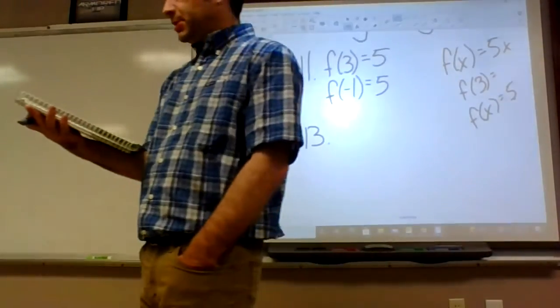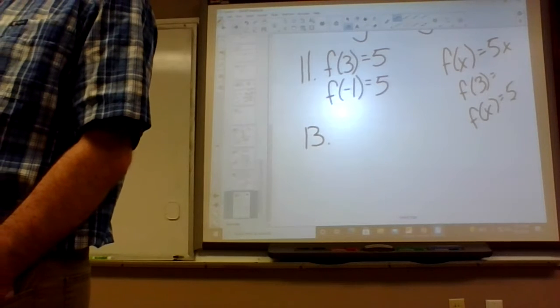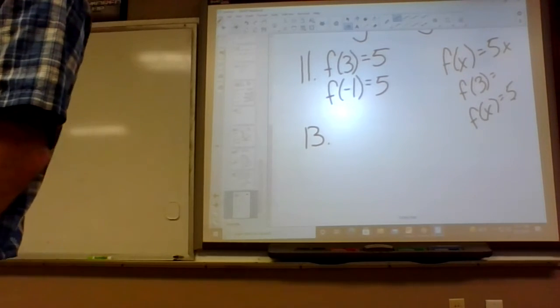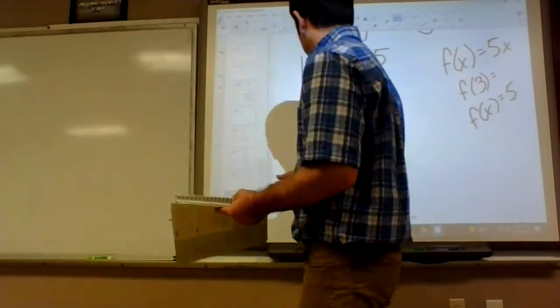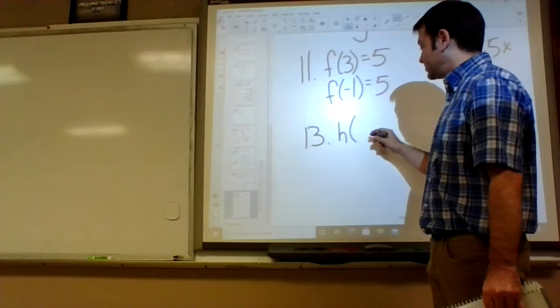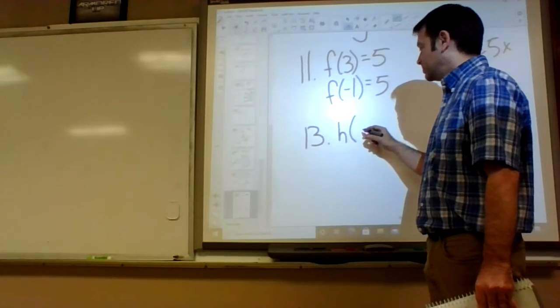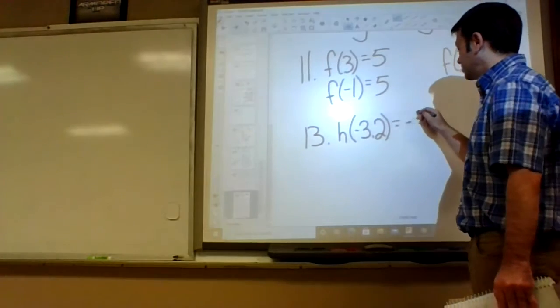Number 13: h of x equals the greatest integer function of x. So h of negative 3.2. You guys remember how we did this? It rounds up to negative 3. I don't know if it's really called rounding since we're not going to the nearest integer, we're just making it go up every time.